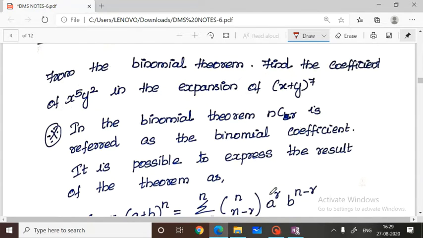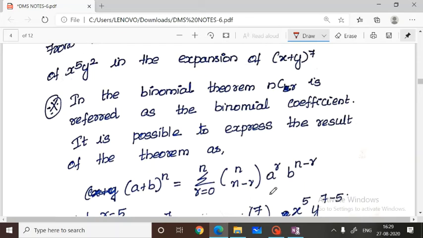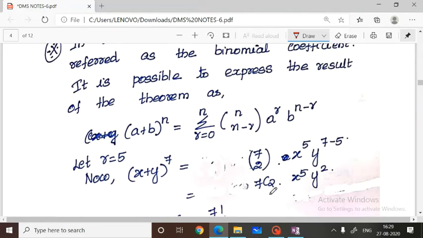In the binomial theorem, we can express the result in terms of this formula also: a plus b raised to n equals summation r varies from 0 to n, nc n minus r, a raised to r into b raised to n minus r. So without expanding, you have to write the answer like this directly.